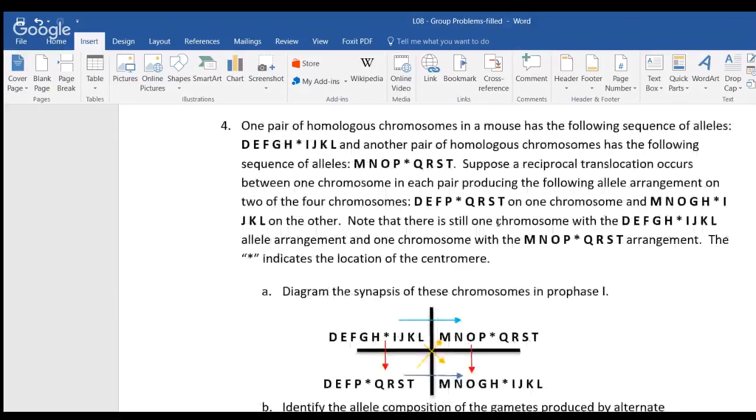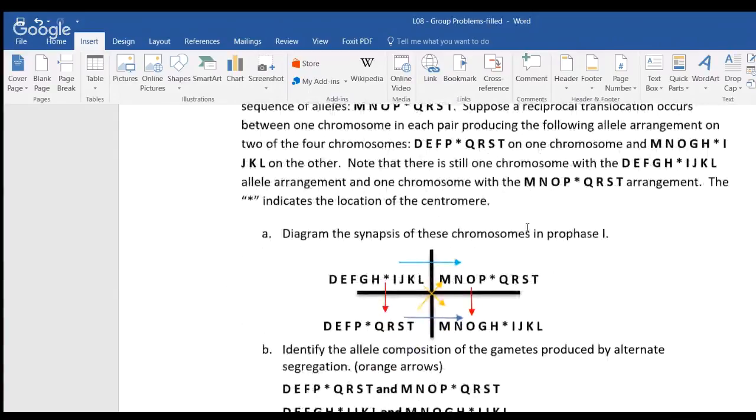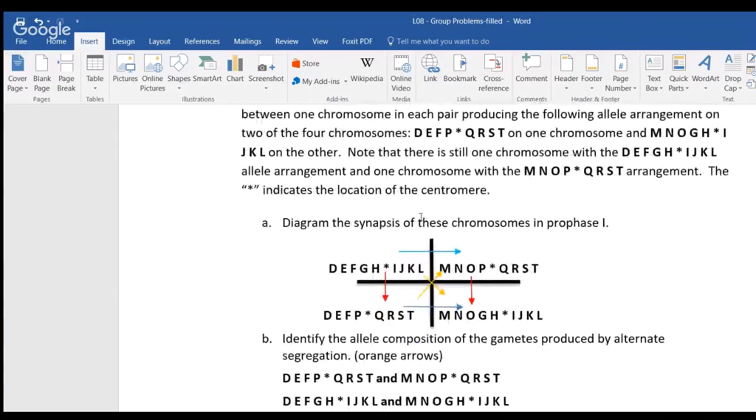For part 4, we're going to be looking at a translocation cross for mice. First, we make a cross, and we put one parent on the left side of the top and one parent on the right side of the top.